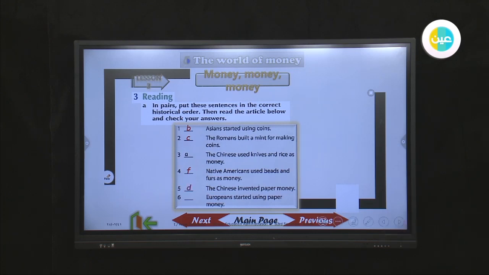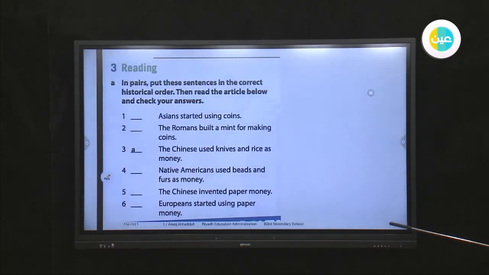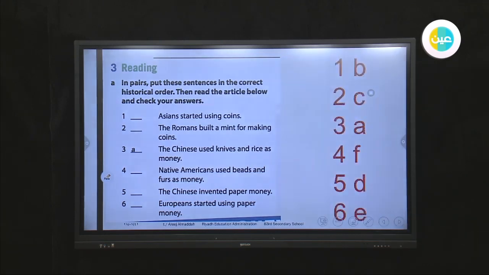The Chinese invented paper money, and Europeans started using paper money. This is the order of these sentences according to the historical order. To be clear for you: 1 with B, 2 with C, 3 with A, 4 with F, 5 with D, 6 with E.